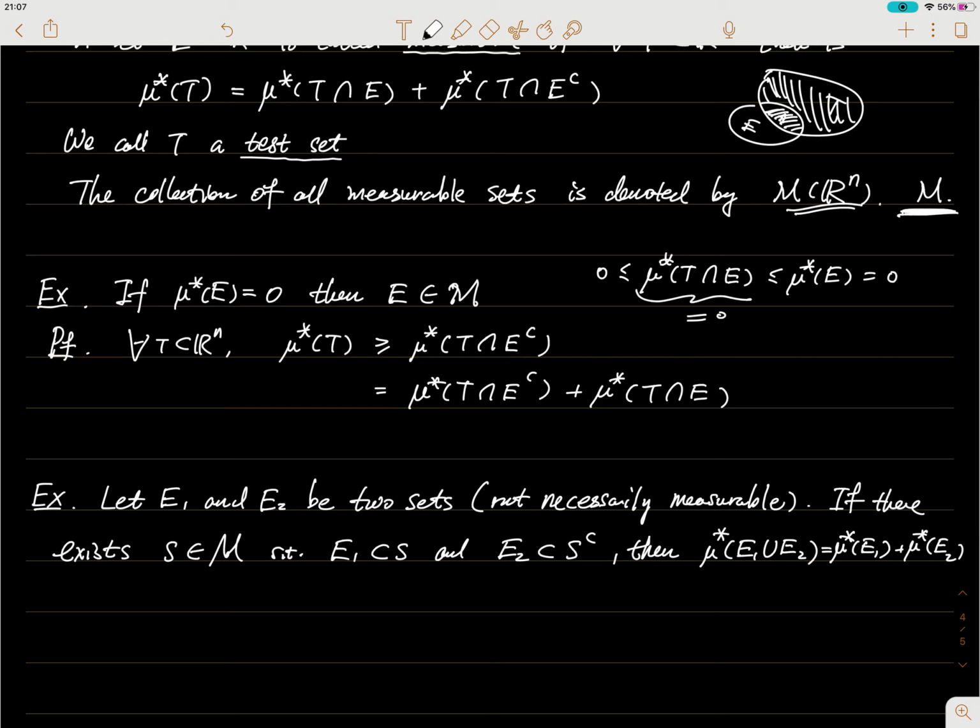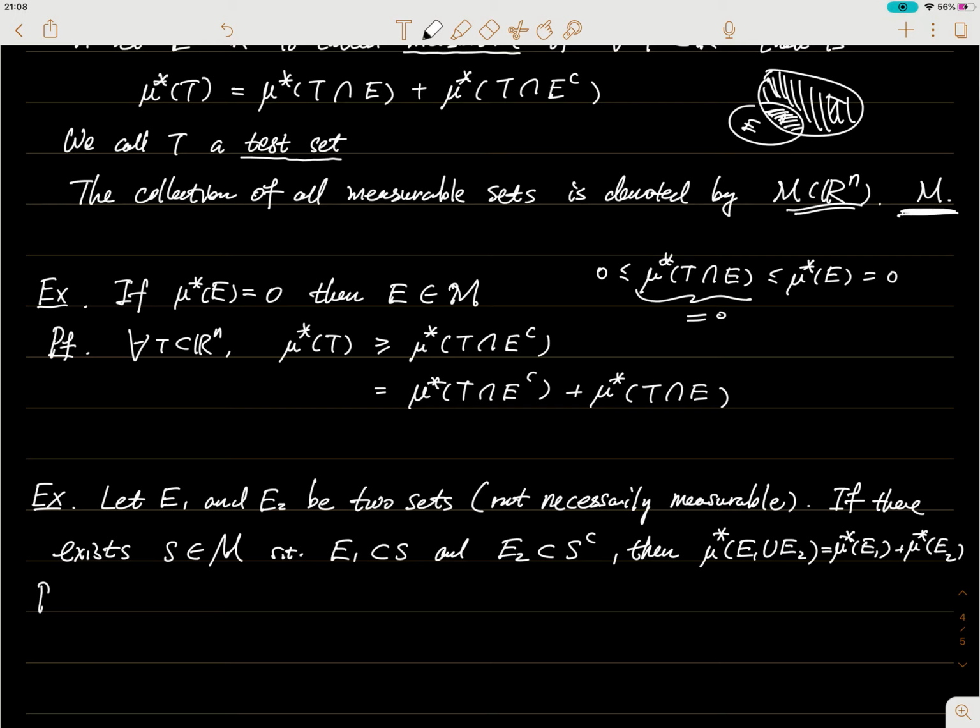In general, we know that this doesn't hold for arbitrary sets. We must have this direction, but the other direction may not hold for outer measures.